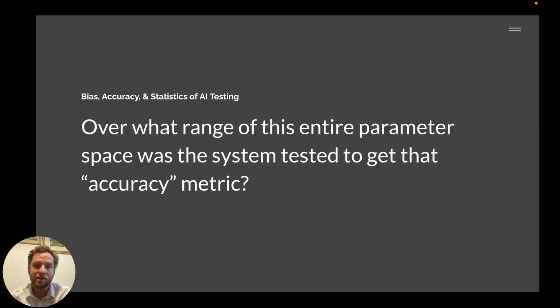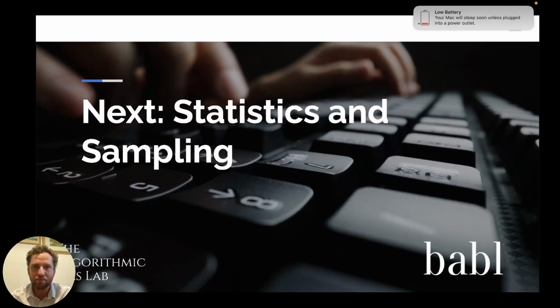There may be some degradation of the accuracy under low lighting conditions. Has that been tested in those situations? And so that's a relevant thing to ask. So what we now have to do is start quantifying this parameter space. And so we're going to start delving into a little bit of statistics, probability, and sampling theory.